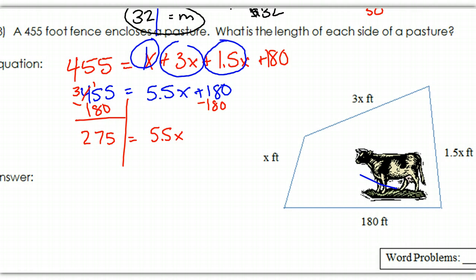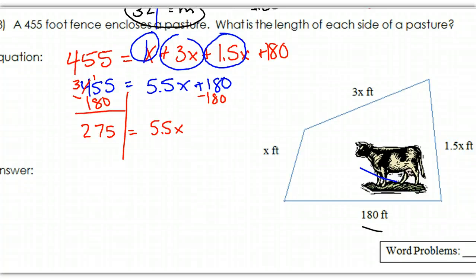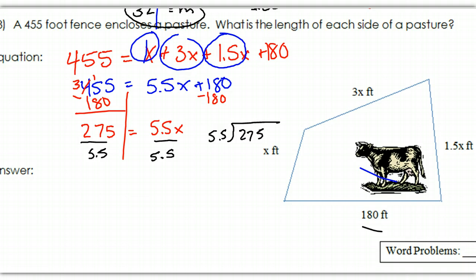And now we got to do some more division here by a decimal. So we'll divide by 5.5. This one gets a little tougher to do, but 5.5 into 275. Carry that decimal over 1. And this time we actually have to add in a 0. So it's really how many times does 55 go into 2750?